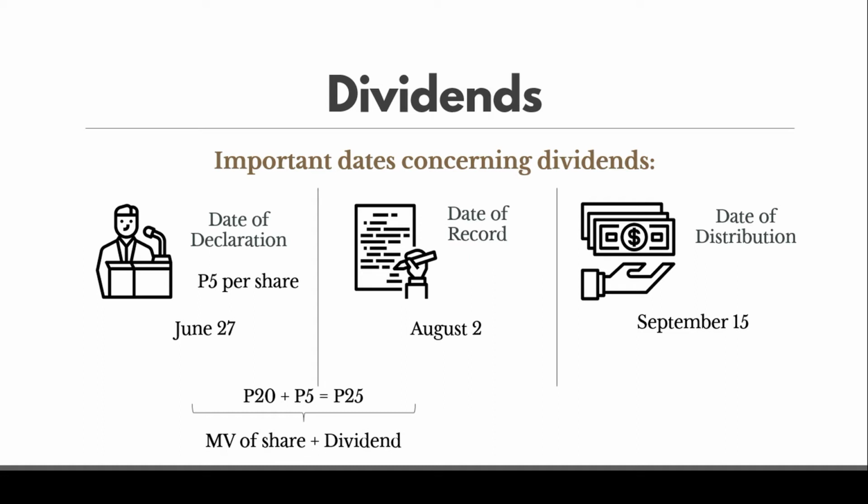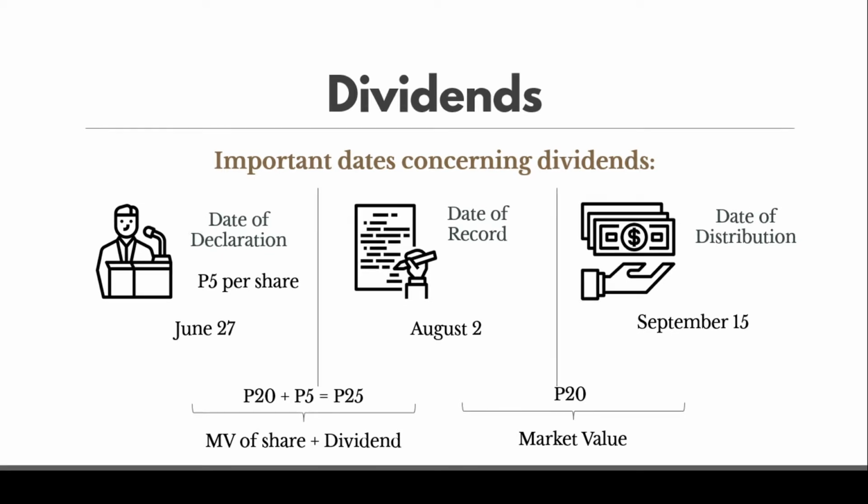Okay? Now, after August 2, kahit ibenta pa nung shareholder yung kanyang share sa ibang tao, siya pa rin yung makakatanggap ng share kasi siya yung shareholder as of August 2. Kaya po, from August 3 to September 15, the shares would sell ex-dividend or without the value of dividend. So, at market value lang siya ng 20 pesos.